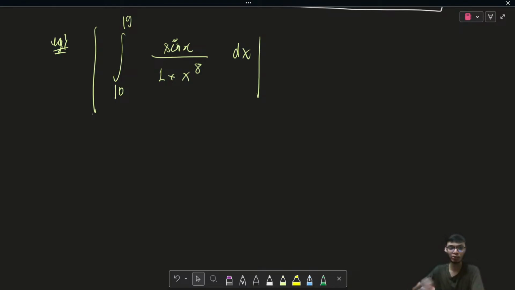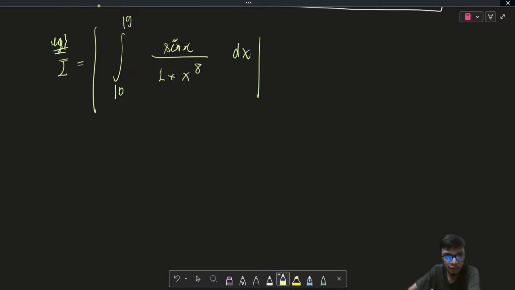Right now we have to find this particular absolute value. In order to find it, I don't know how to integrate this function.